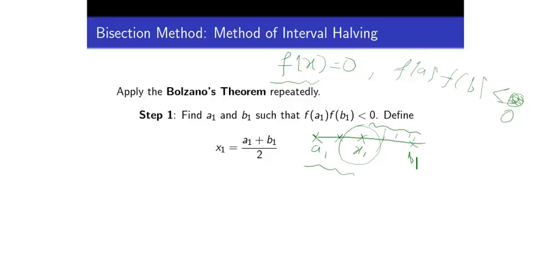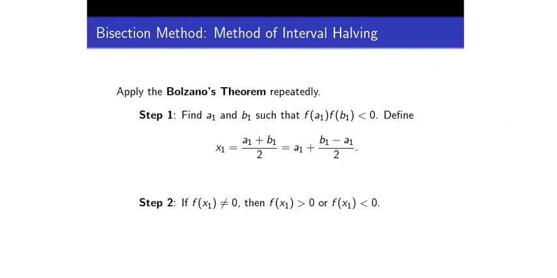So let's go further now. I can write x1 as a1 plus b1 by 2. This is the midpoint of the interval a1 to b1. That is going to be rewritten as the following. If f of x1 is non-zero, since sometimes, if you have good luck, you may be able to find the root directly, but it's not always the case.